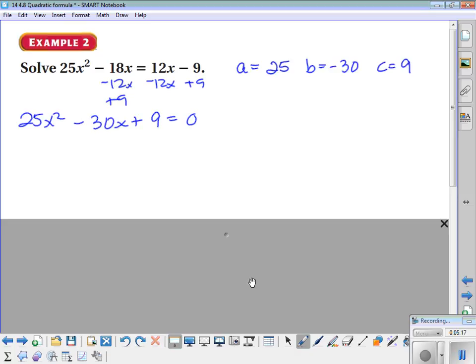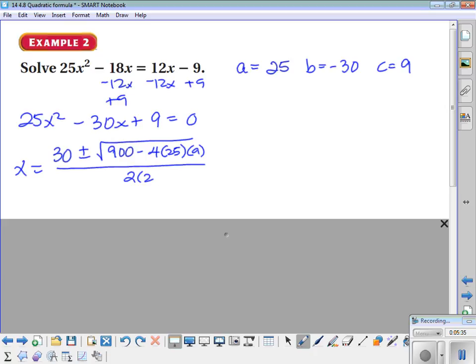Okay, so x equals negative b, so that becomes positive 30, plus or minus. What's negative 30 times negative 30? 900. 900, yes. Minus 4ac, so 4 times 25 times 9, over 2a, so 2 times 25.